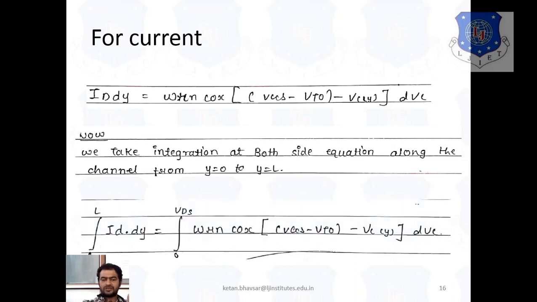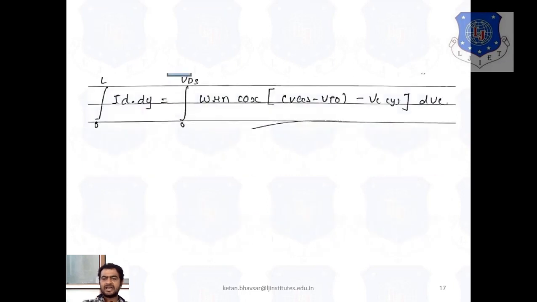We put the integration on both sides: the voltage side from 0 to VDS, and the channel length from 0 to L. So the integral from 0 to L of ID dy is equal to the integral from 0 to VDS of W mu N Cox into VGS minus VTO minus Vc of y dVc. Now we start the integration.